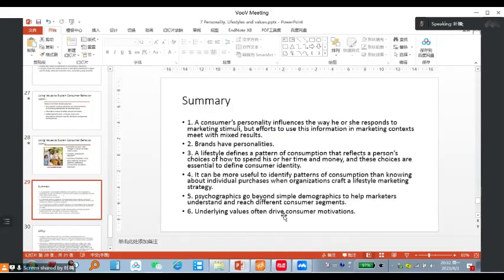Okay, so these are the main contents today. We focused on personality, lifestyles, and values, and we introduced the relevant theories and approaches for each point. Now we can have a summary.